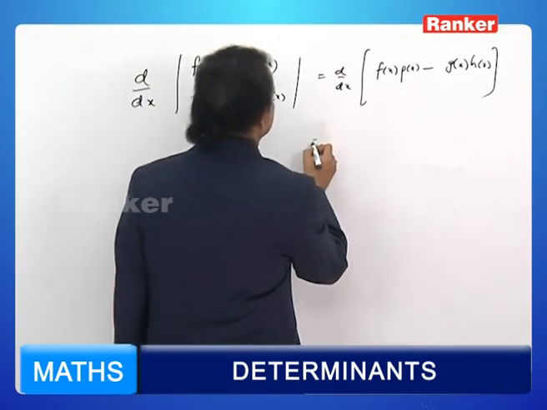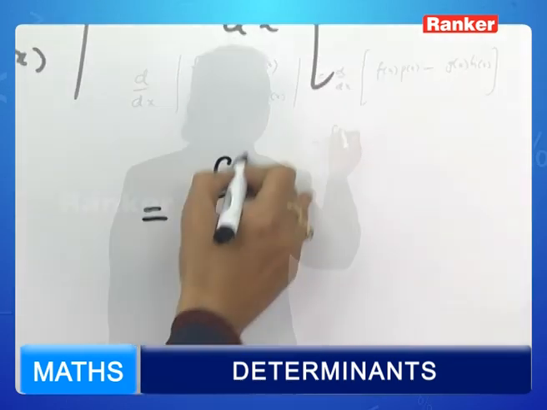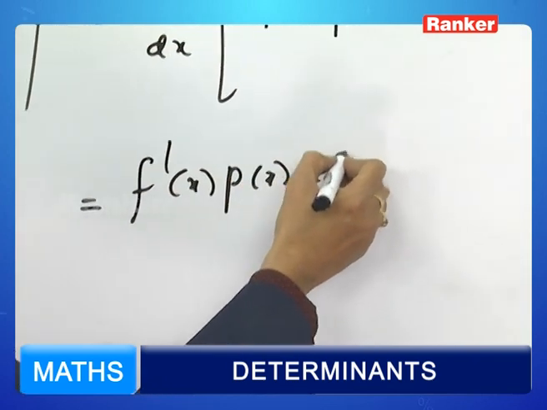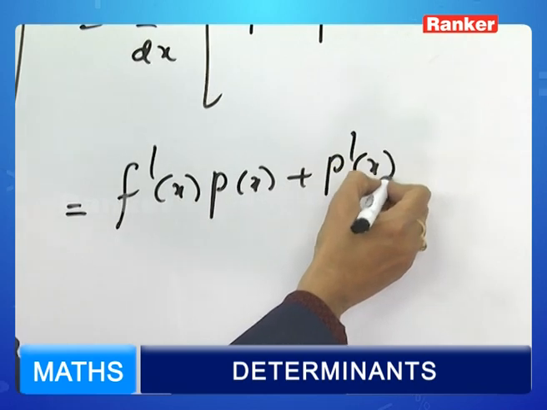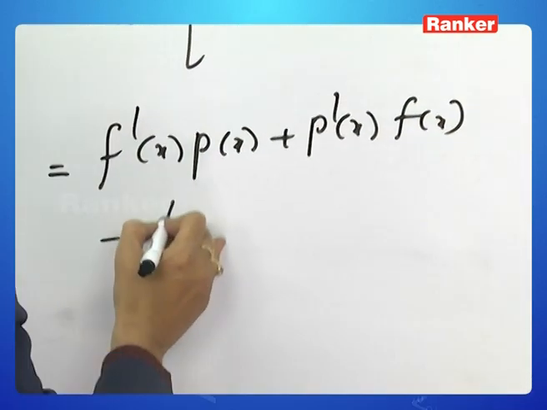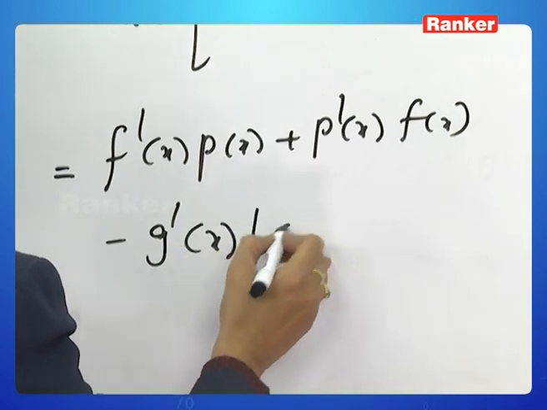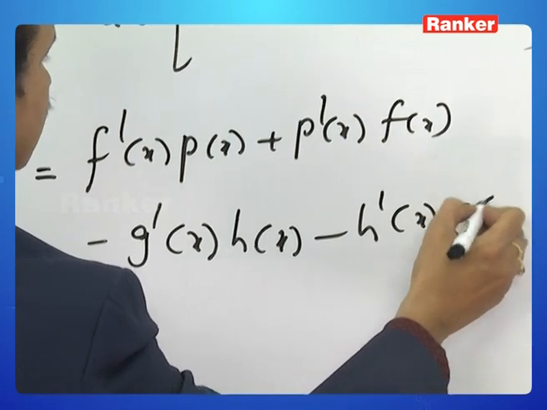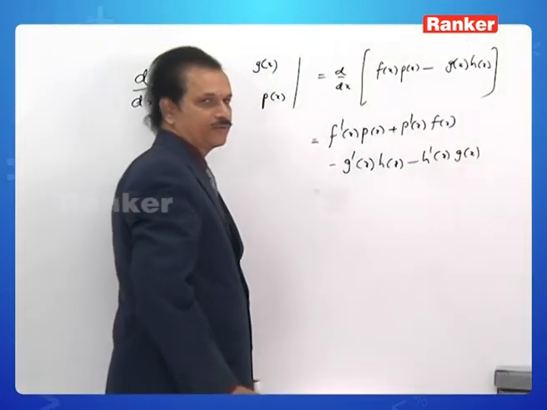But this is f dash x into p of x plus p dash x into f of x, minus g dash x into h of x minus h dash x into g of x. Of course, by applying the product rule.